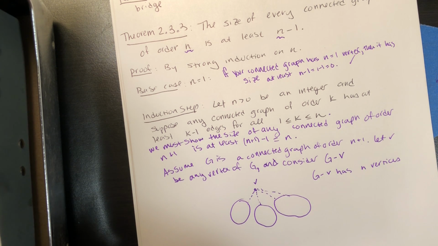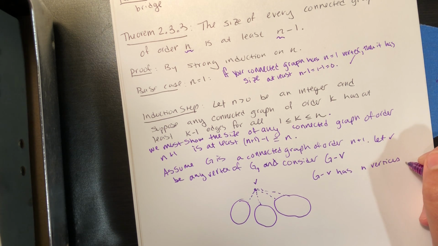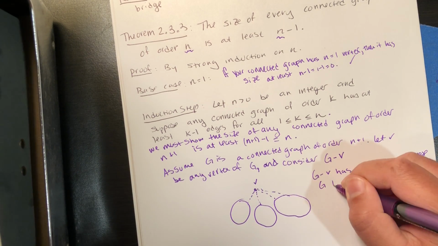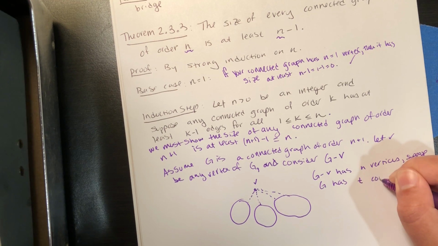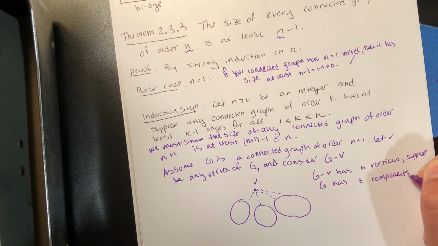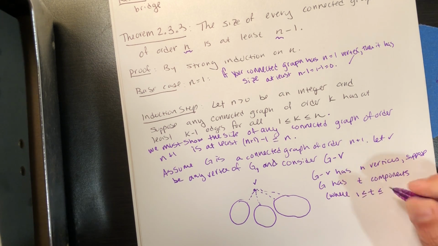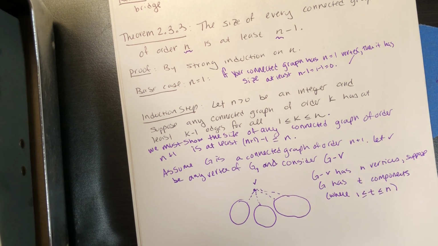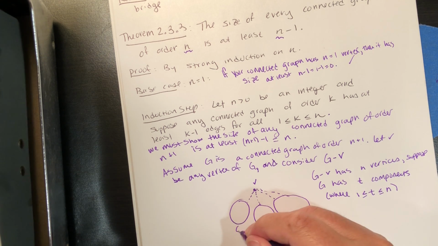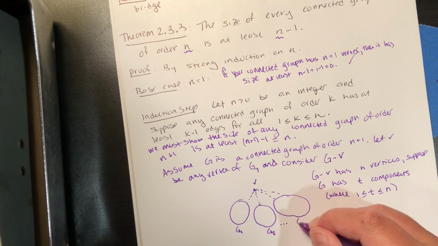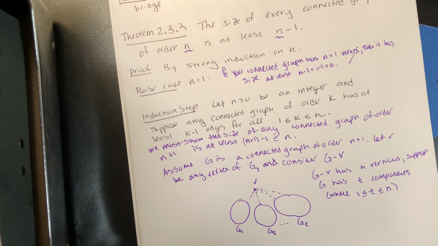So G minus V has n vertices, and it's not necessarily connected, so let's suppose it has, we'll call it t different components, where t could be anywhere between one component if it's still connected, and n components if it completely disconnects the graph and you're just left with n individual vertices. Right, so we'll call these subcomponents G1, G2, all the way to GT.